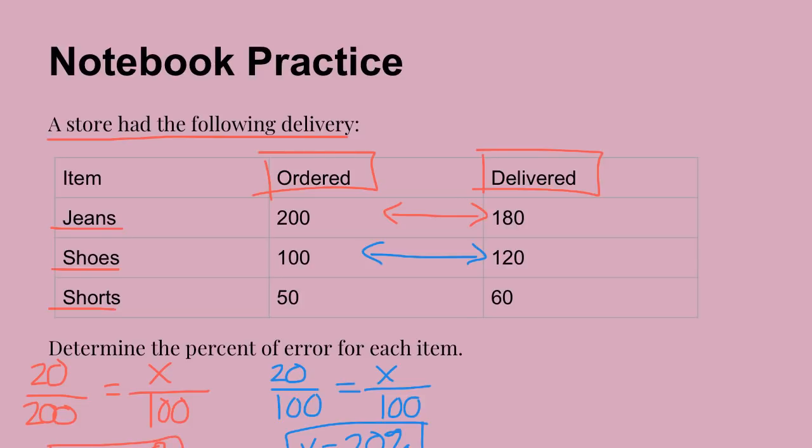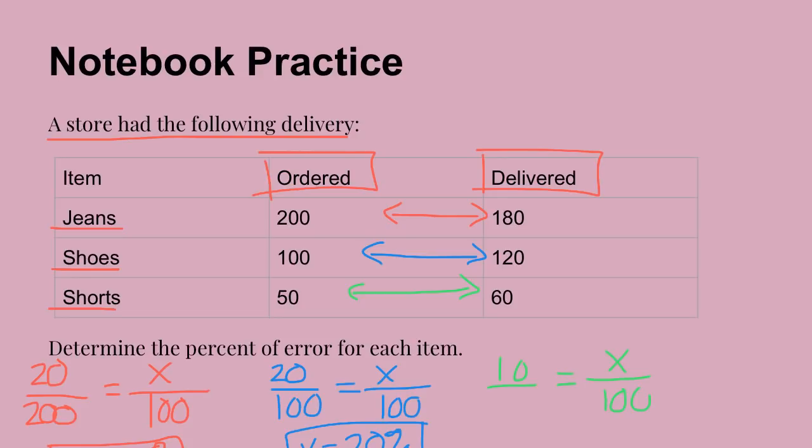Okay, finally, let's change colors again. Let's talk about the shorts. So I'm going to set up my framework. I don't know what the percent is, but I know it's over 100. It looks like there's an error of 10 shorts. Now this one I think we're going to have to round, but we'll see what happens.